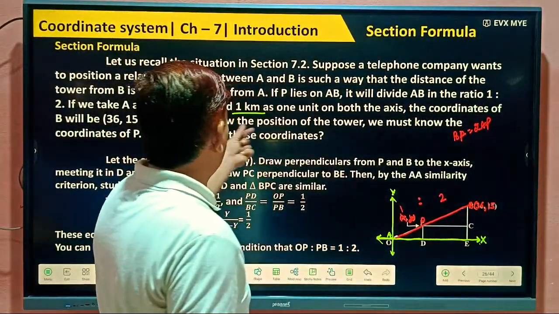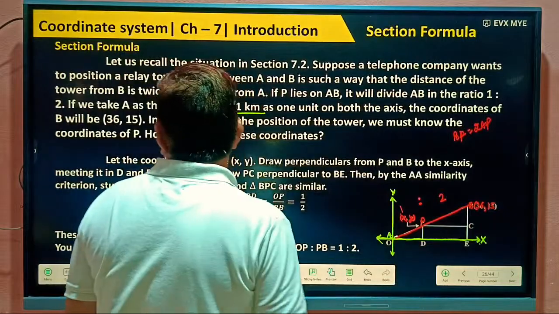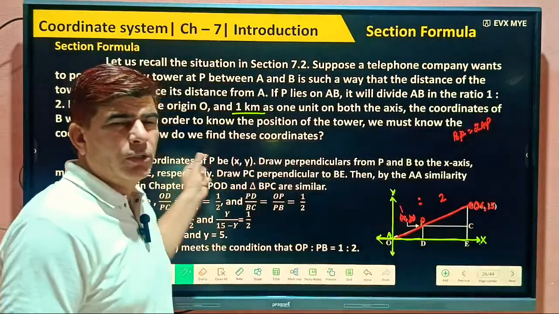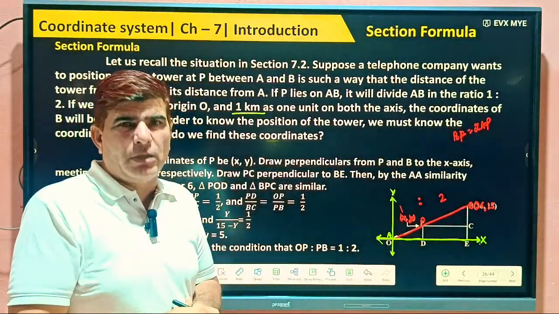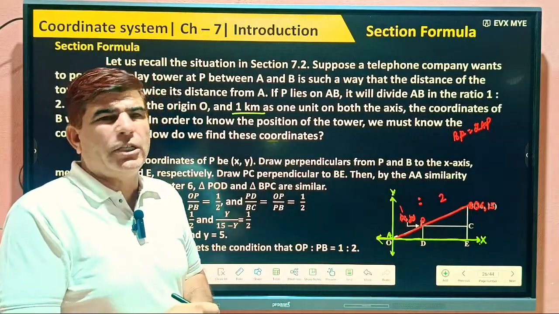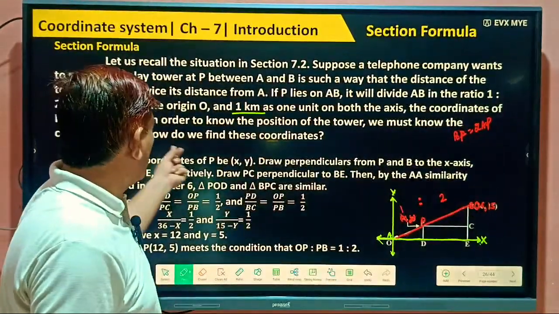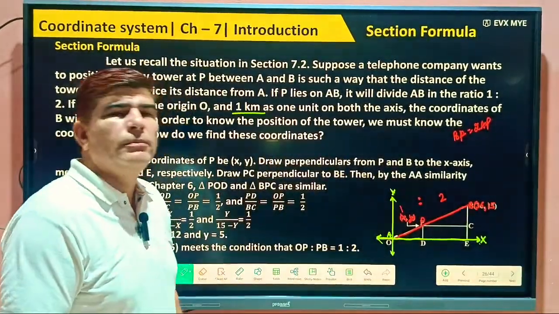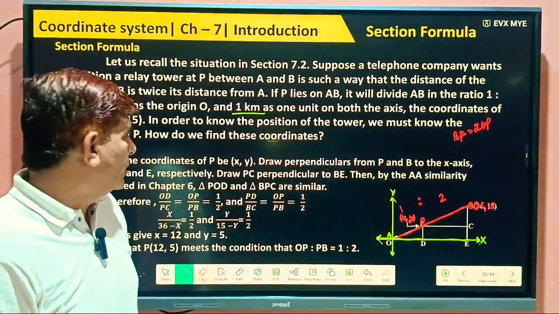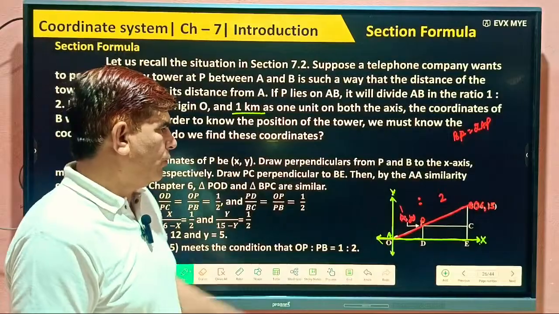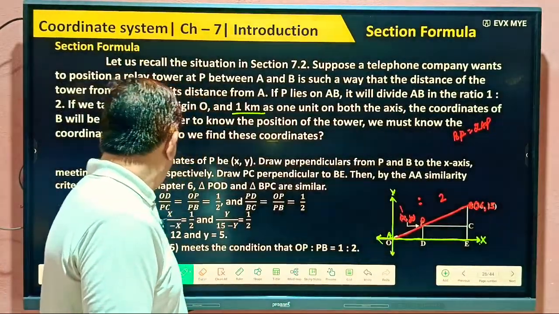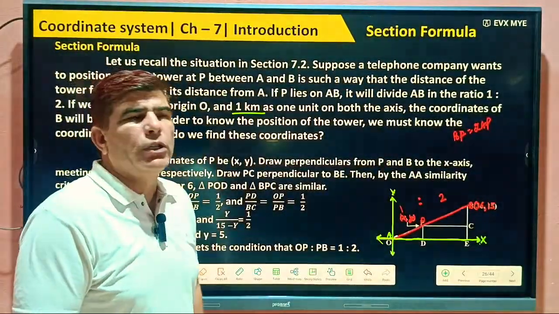In order to know the position of the tower, we must know the coordinates of P. How do we find these coordinates?